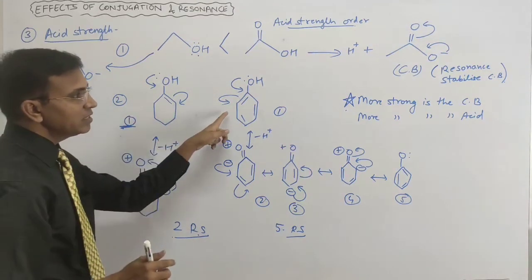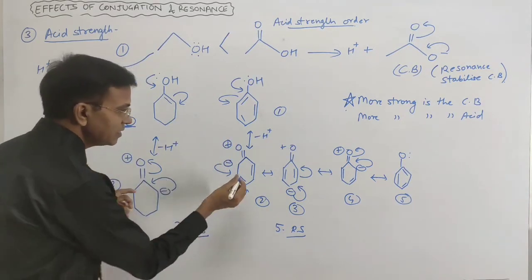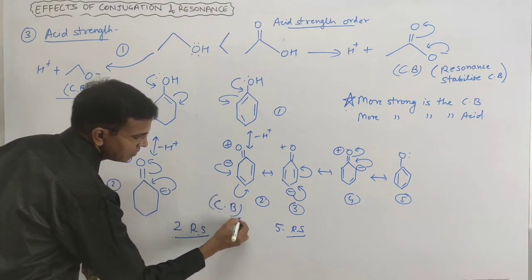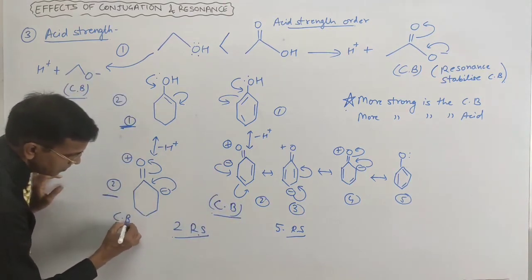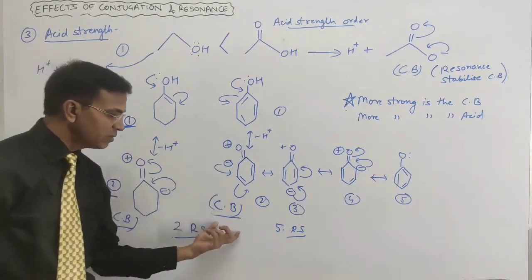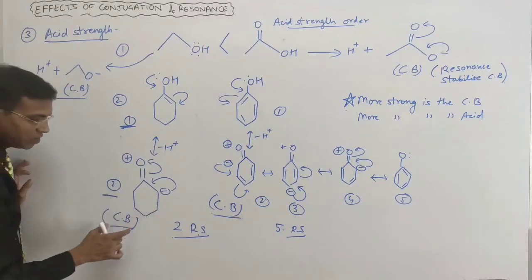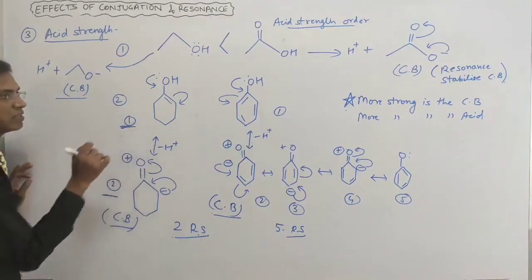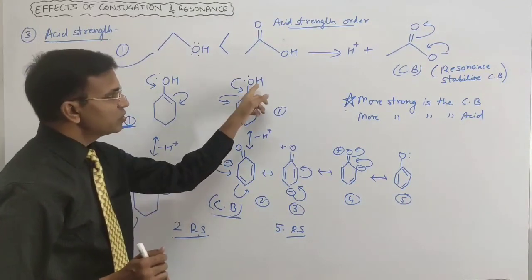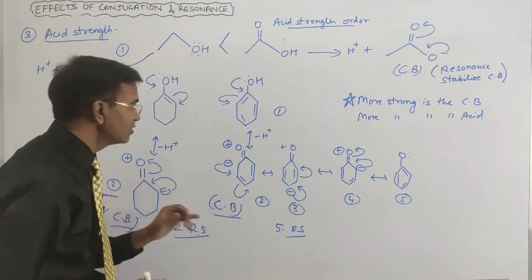Its conjugate base is this one. This is the conjugate base. So the conjugate base of this species is more stable, giving five resonating structures. This conjugate base gives two resonating structures. That means this species is giving H positive ion more easily to convert to its conjugate base, right?